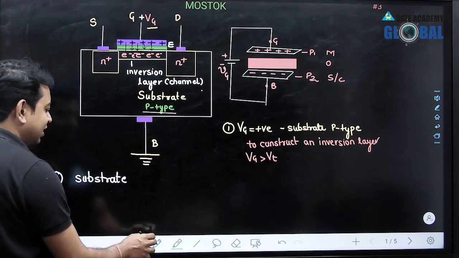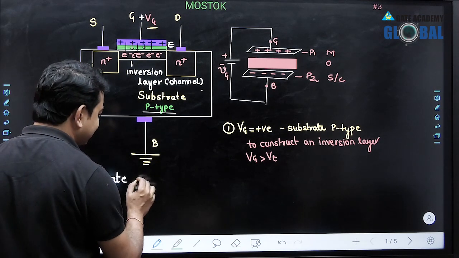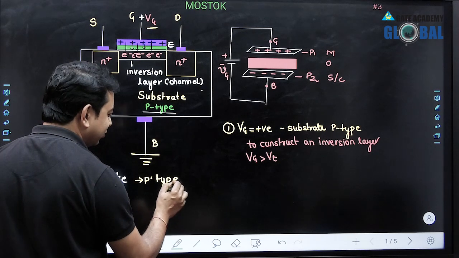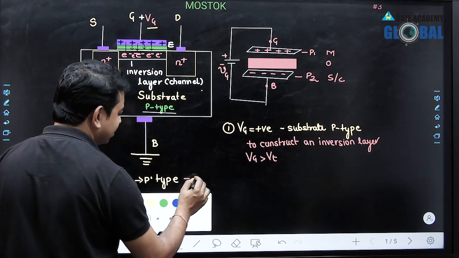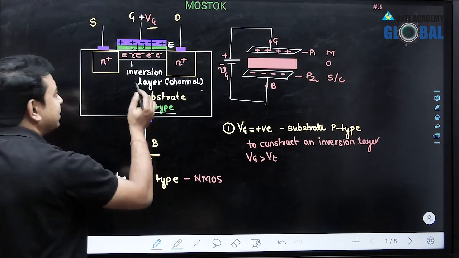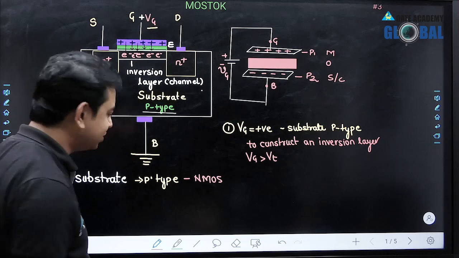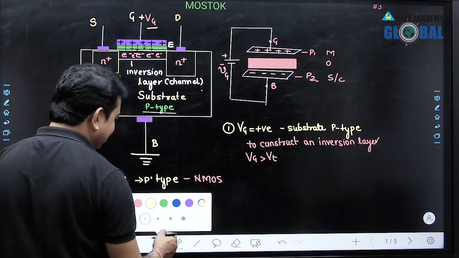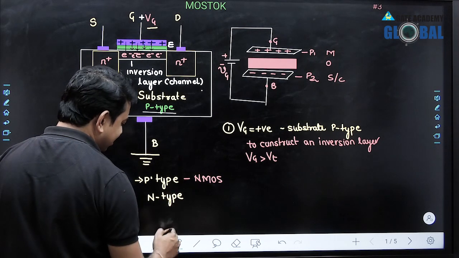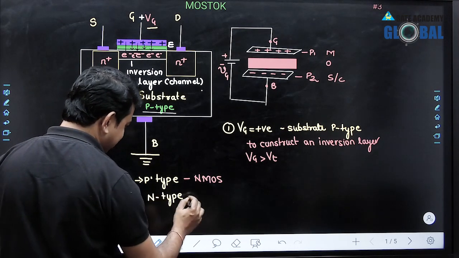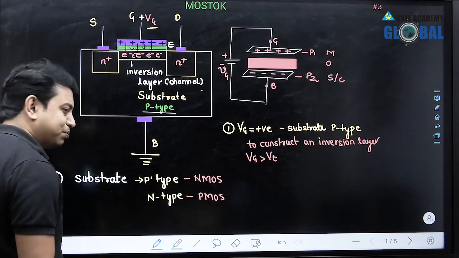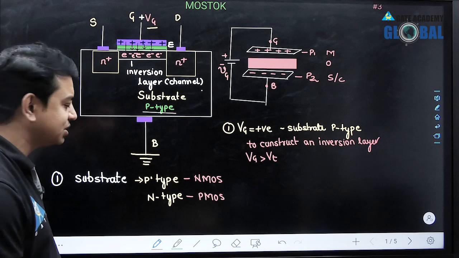So if the substrate is of p-type semiconductor, then we are working on NMOS, because we are creating a channel which is of electrons. That's why it is called NMOS. If the substrate is of n-type, then we always work in the case that is known as PMOS. So these are the two types of MOS that is very important to understand.